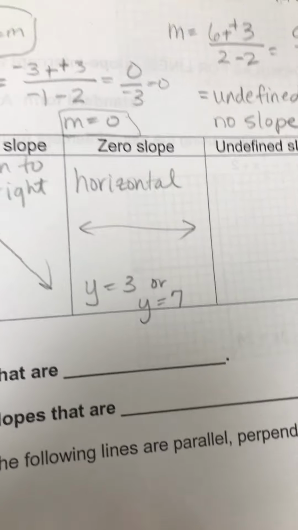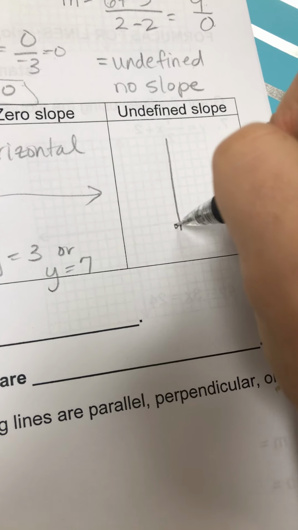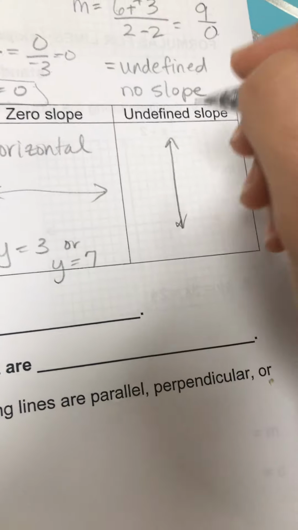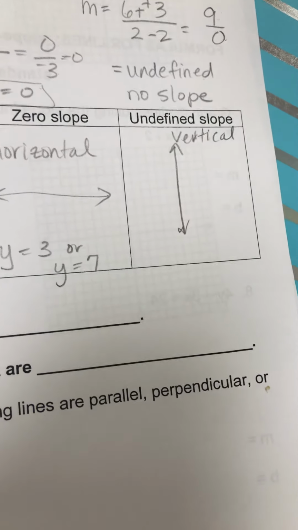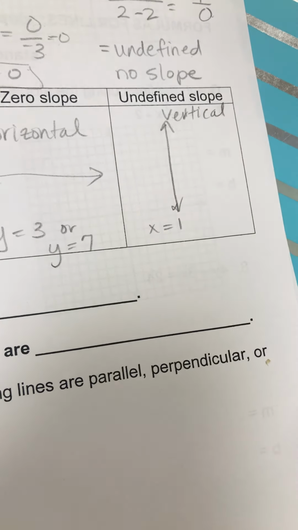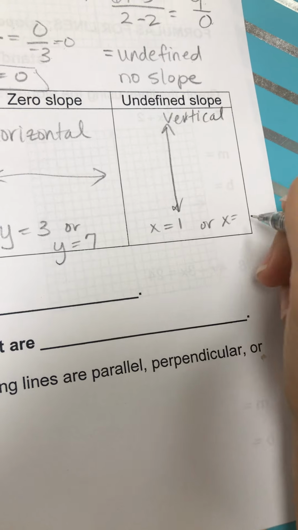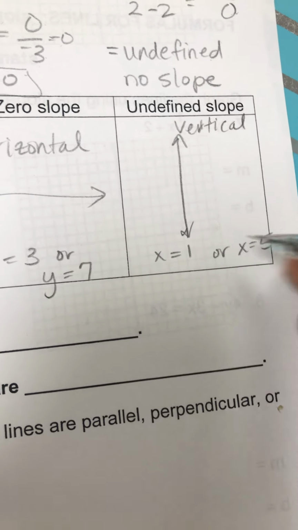It's horizontal, you don't have an x value. And then the undefined slope is going to give you a vertical line. And that's going to be x is equal to 1 or x is equal to 5. There's no y value. You're just giving it an x value and it's vertical. There's undefined slope.